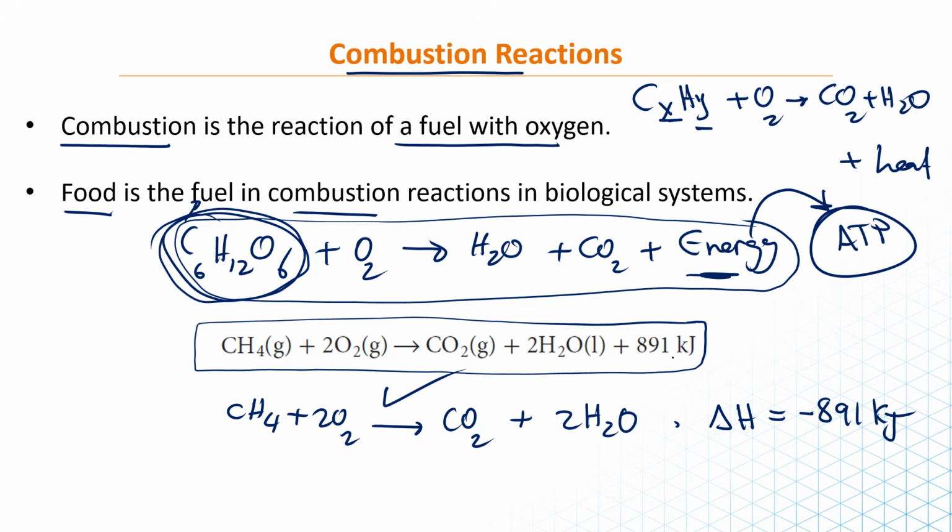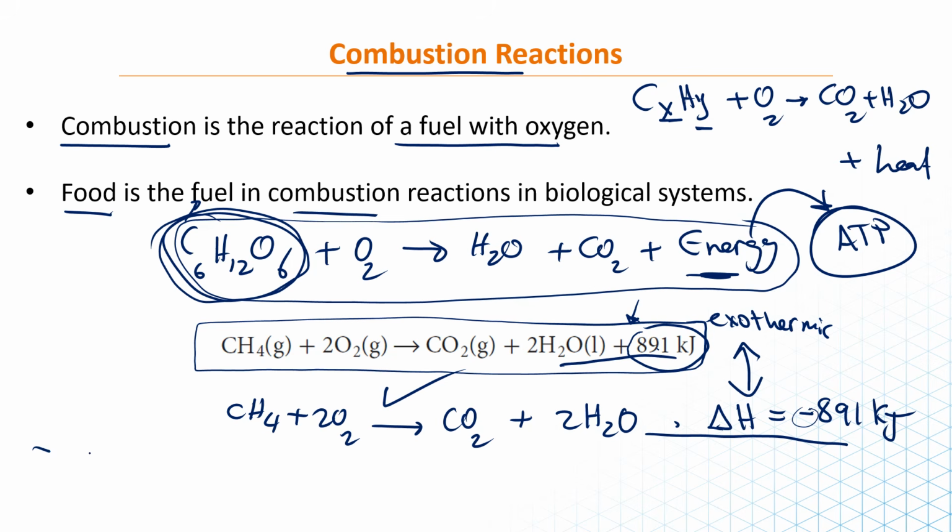So what's the difference between this and this? The difference is that if we see the amount of energy in the products, as if it is a product, it means it is exothermic because it was formed in the products. So it's on the product side. So we can write it like this, or we can show the delta H as a minus.